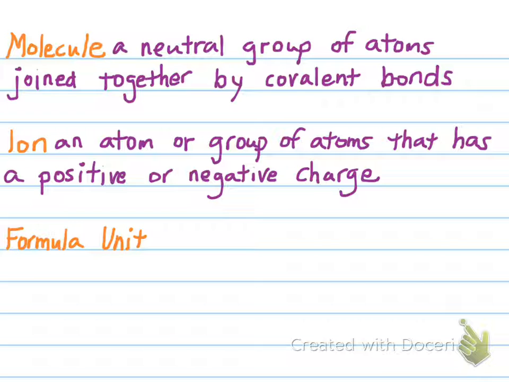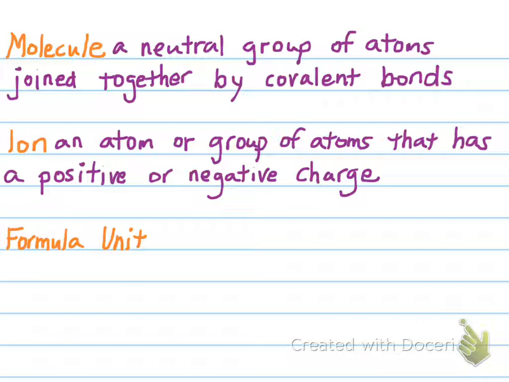Remember, ion is kind of generic. Specifically, if my ion has a positive charge, I can call it a cation. If my ion has a negative charge, I can call it an anion. And again, remember, it can be a single atom.